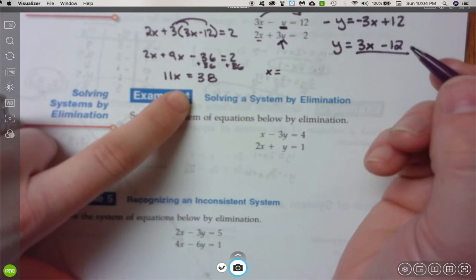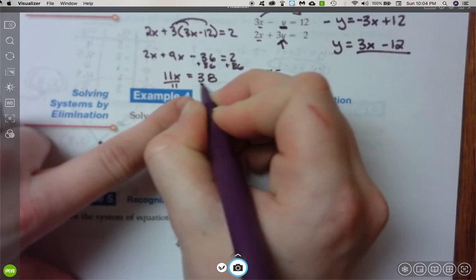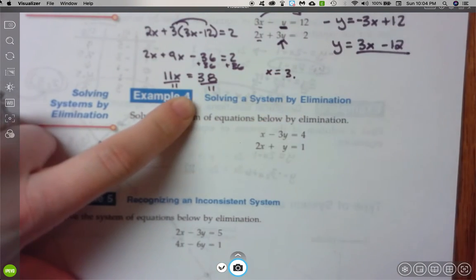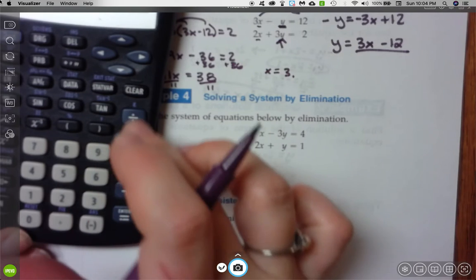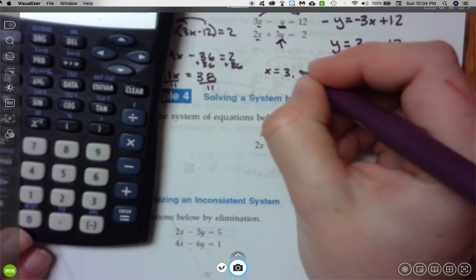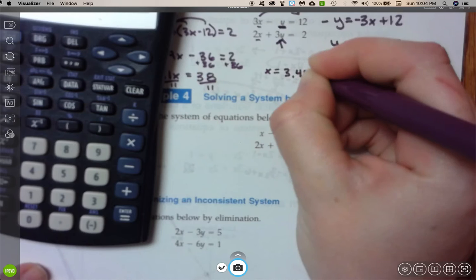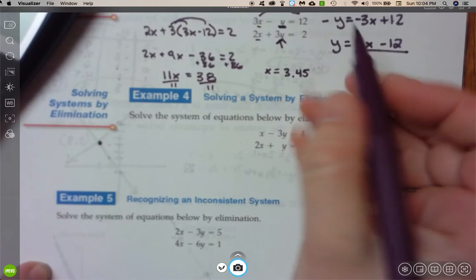Yuck. If I divide by 11, it's going to be like 3 point something. 38 divided by 11. Ugh. 3.45-ish. Something of that nature.